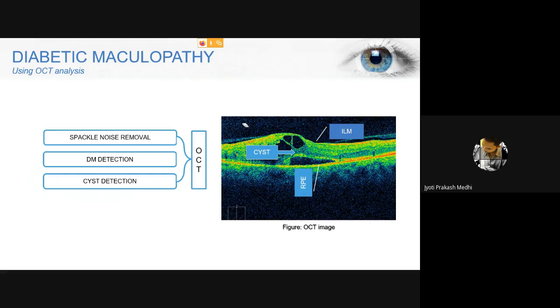So these noise pixels will have their effect while detecting various layers or various other regions, like cyst identification or various exudates identification. So these noise regions will hamper the detection process. Therefore, the first requirement of OCT analysis is the removal of speckle noise.